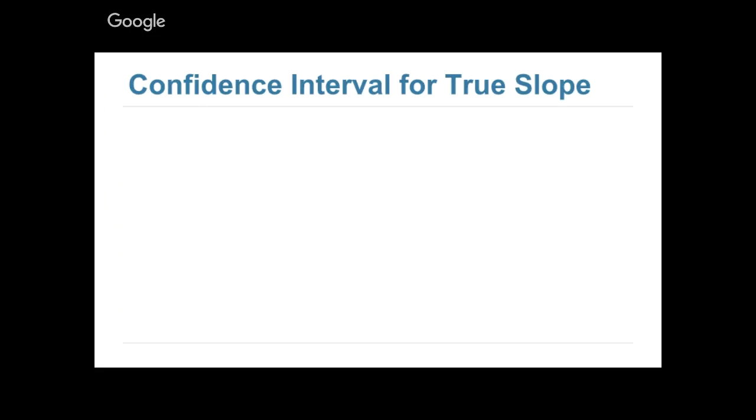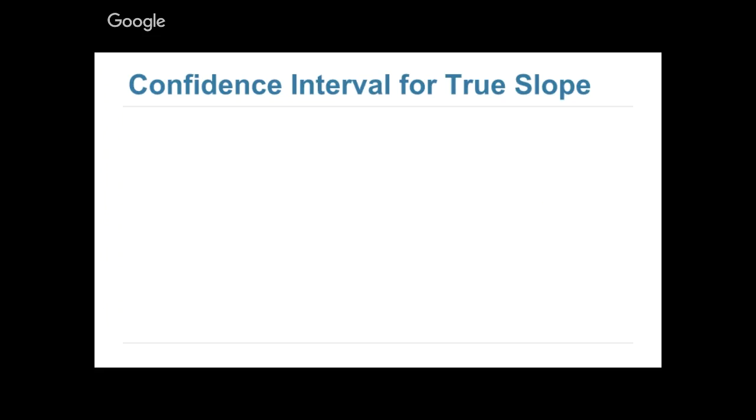So one sample gets one estimation, and we go back to our population and try to see how close it is to our actual population parameter. In this case, we have one sample, one regression line, so we get one slope. Now we want a confidence interval for the true slope.